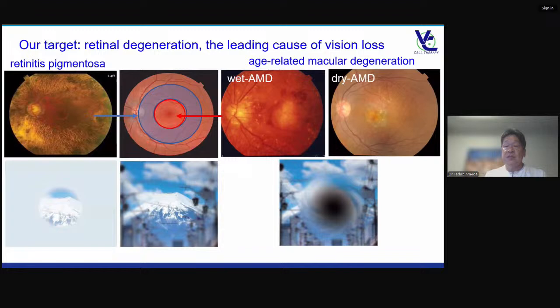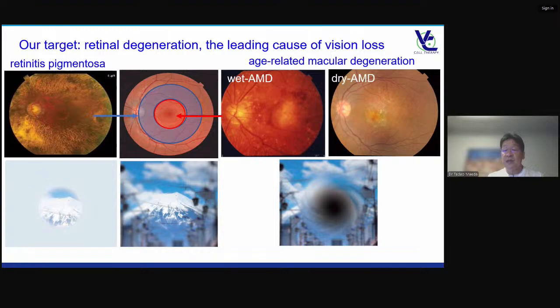Here is a color fundus image of representative outer retinal degenerations, retinitis pigmentosa and age-related macular degeneration. Retinitis pigmentosa starts from the peripheral region of the retina, and the degeneration eventually proceeds to the center of the retina. There are two types of AMD, wet type and dry type. Wet type is characterized by choroidal neovascularization, and the dry type is characterized by RPE and choroid degeneration, followed by photoreceptor degeneration.